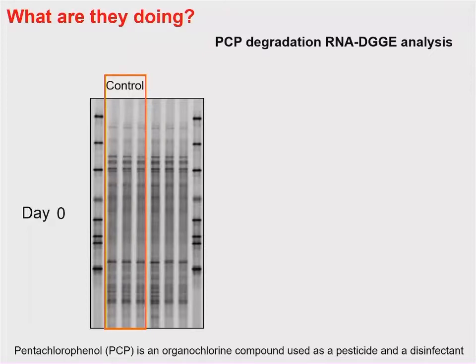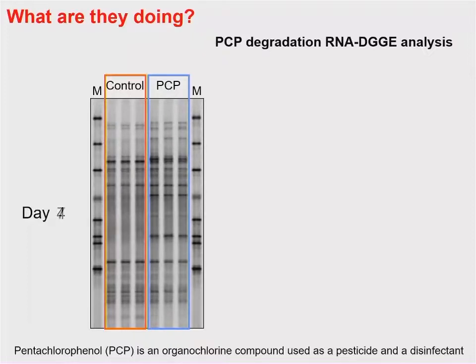So we can do an experiment. For example, this is a control, and then in the soil we add the PCB, and then we run the gel. This is what we call DGGE. The gel is a type of fingerprinting method. So we can see how the microbial bands will change with time.